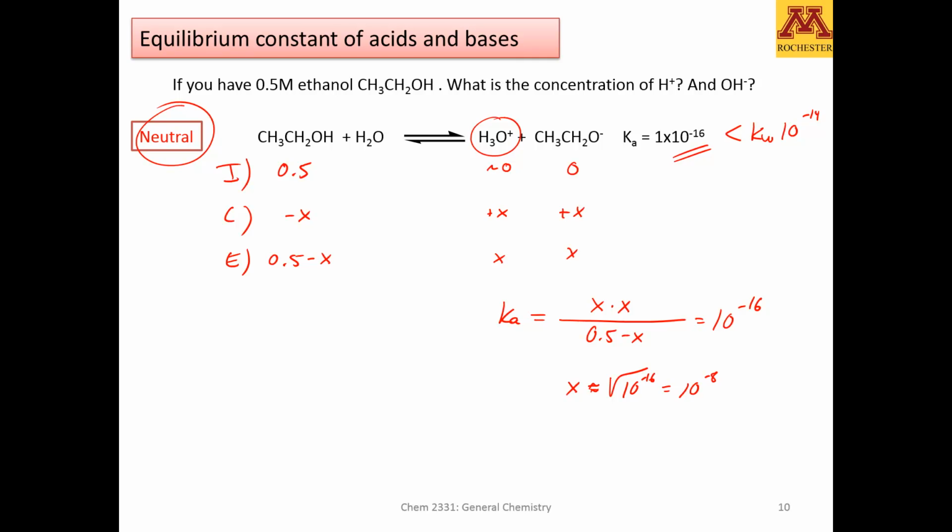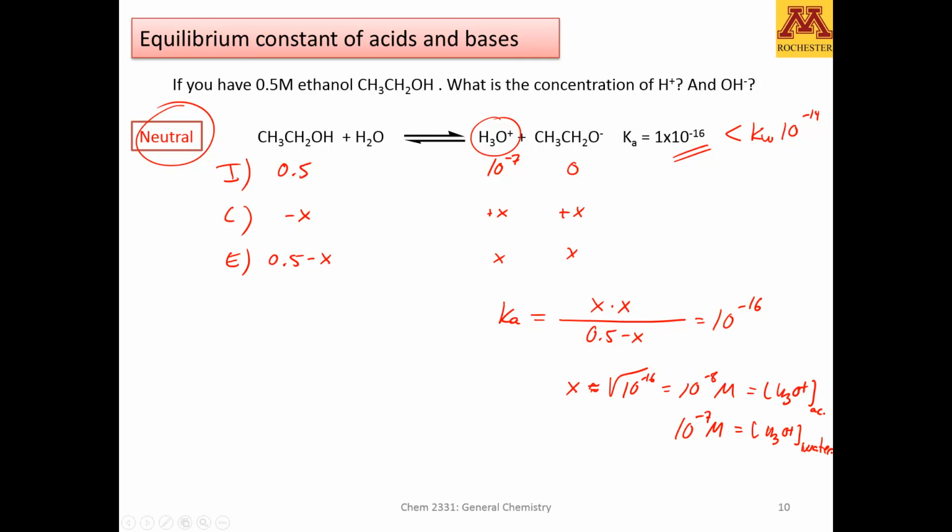So it turns out that it's not really 0. This acid provides 10 to the negative 8 molar of hydronium when initially there was already 10 to the negative 7 from the neutral water that was already there.